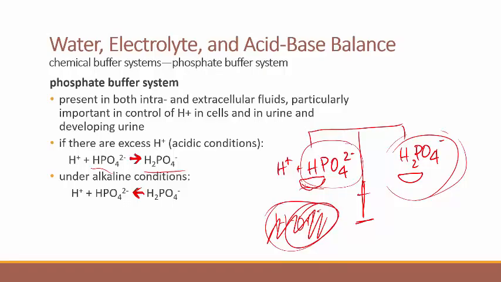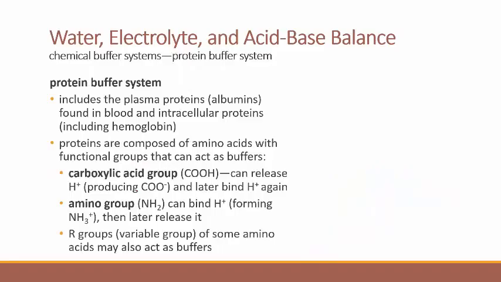Last of all is the protein buffer system. So this includes the plasma proteins that are found in blood plasma, the albumins especially, and the intracellular proteins that are found in the intracellular compartment, including hemoglobin. So we got hemoglobin there inside those red blood cells, and if you recall, we're busy using the bicarbonate ion to carry around the CO2.